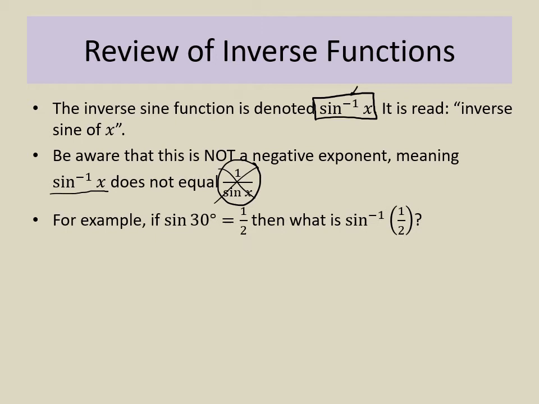Okay, so let's take an example based on what we have just learned. If sine of 30 degrees is equal to 1/2, then what is the inverse sine of 1/2? Think about it, guys. The inverse sine of 1/2 is 30 degrees, or pi over 6.